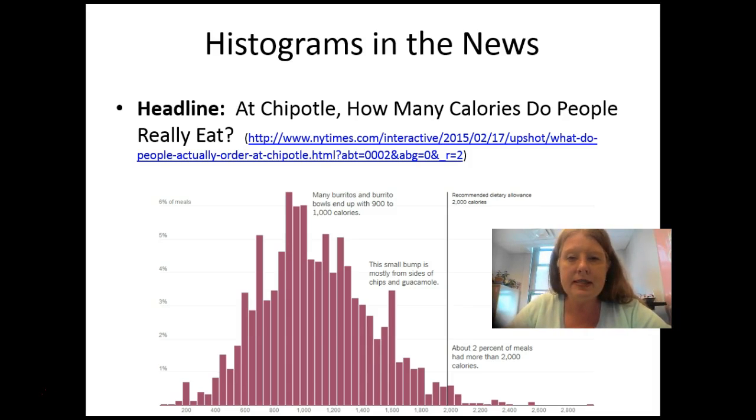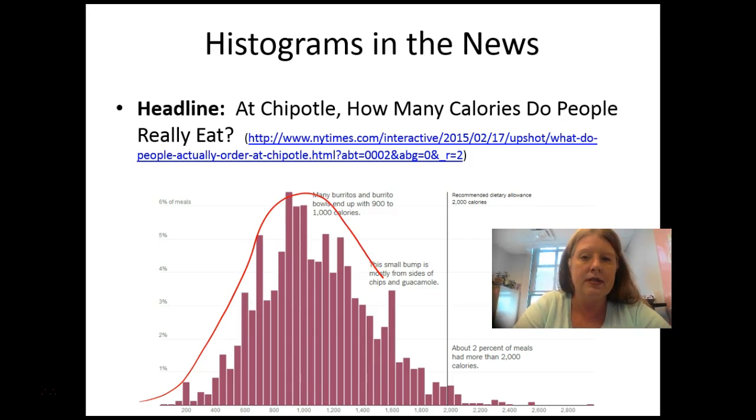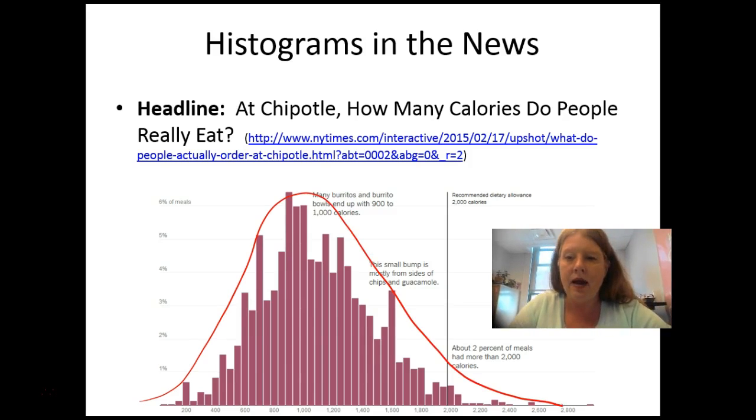But look at this distribution and how would you judge maybe what the shape is? Well, again, let's imagine a smooth curve going over the distribution. I would say that the distribution is a bit skewed to the right, so the tail's pointing off to the right. So if we didn't have this whole chunk over here, I would say it's more symmetric.